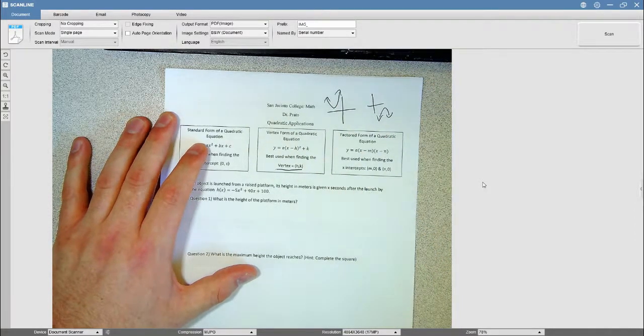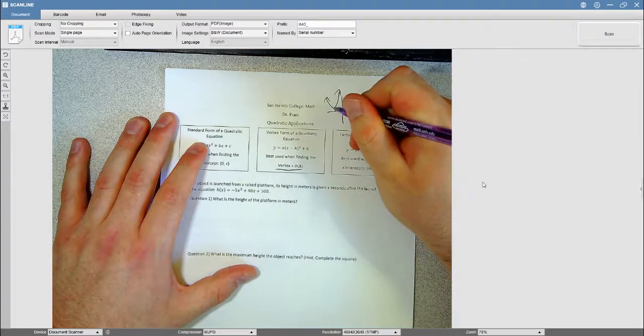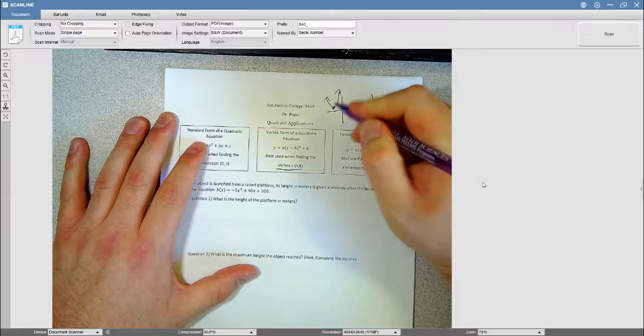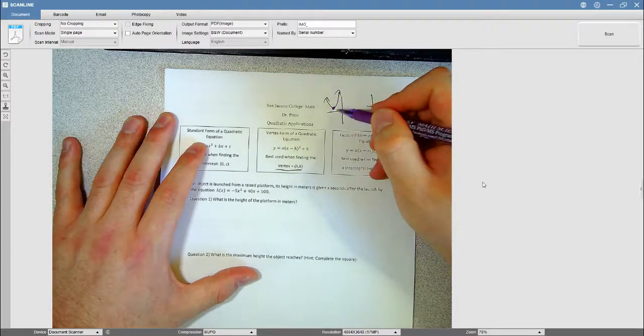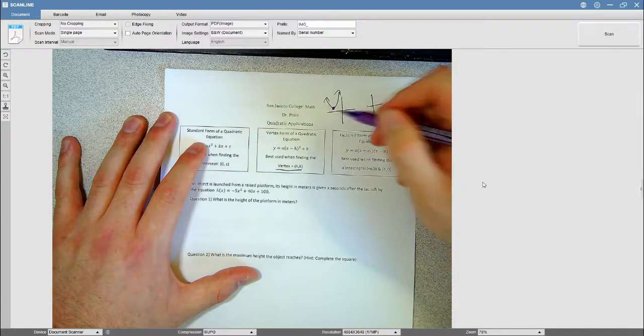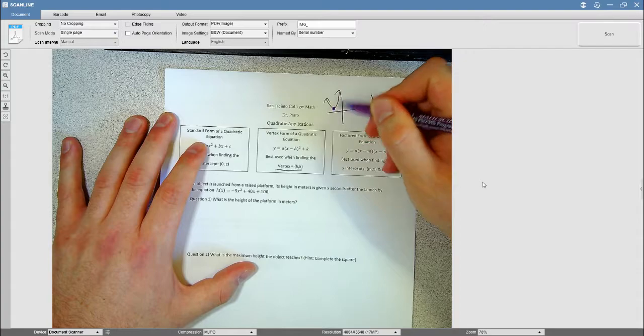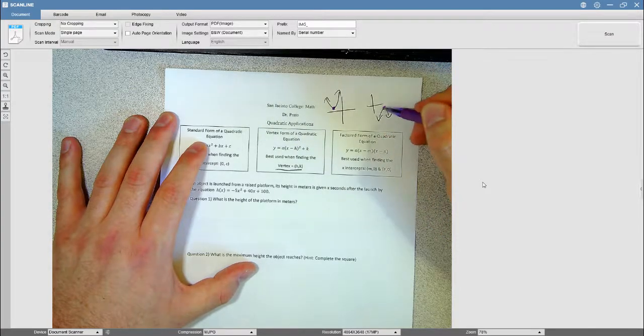Well, let's look at these parabolas. Let's look at these vertices here and here. In this example, this vertex is actually at the minimum. Whatever y value this is, that's the lowest y value that this parabola takes. And here, this vertex is at the maximum.